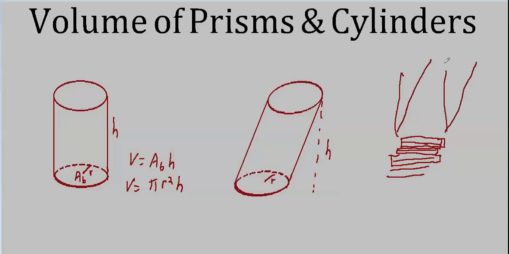You still have the same volume. The difference is they would probably fall over before you got to 100, because when you do it this way, they don't stay up very well. So the straight cylinder is more stable, but that doesn't affect the actual volume.